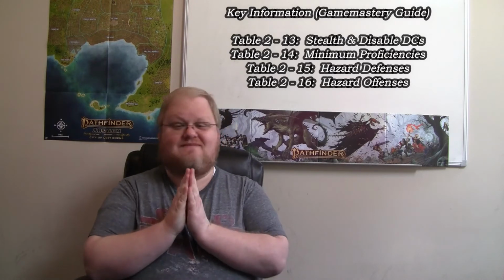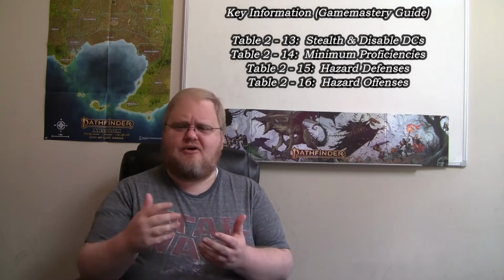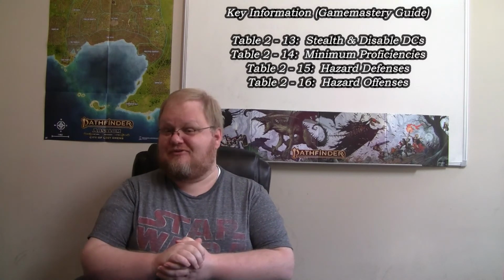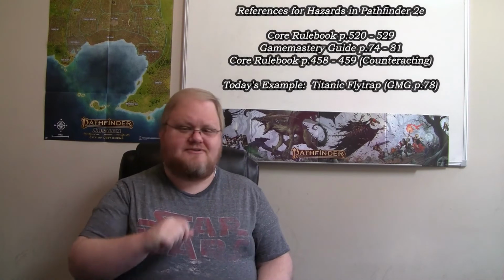So those are going to be very important references that you're going to want to familiarize yourself with when learning how to build a trap in Pathfinder 2e. Also today we're going to be working with a sample trap from the Gamemastery Guide, which is called the Titanic Flytrap, and it can be found on page 78 of the Gamemastery Guide.